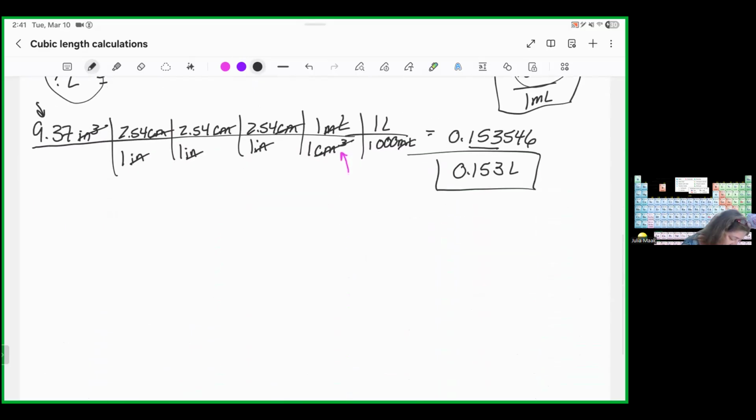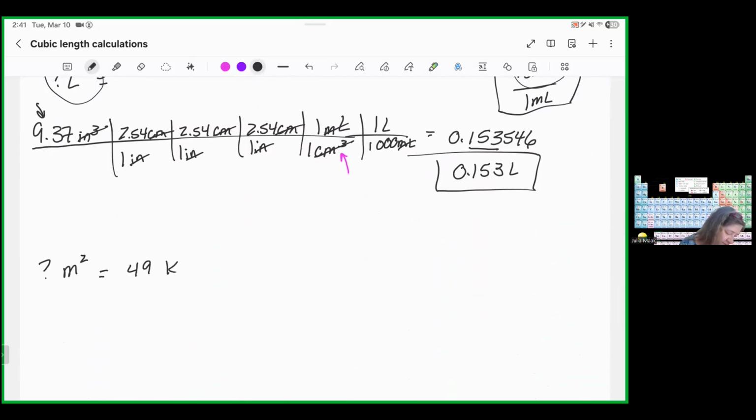What if I said, how many square meters in 49 square kilometers? Okay, we know 1 kilometer is 1,000 meters, but I need to cancel 2 of those, so I'll write it down twice.